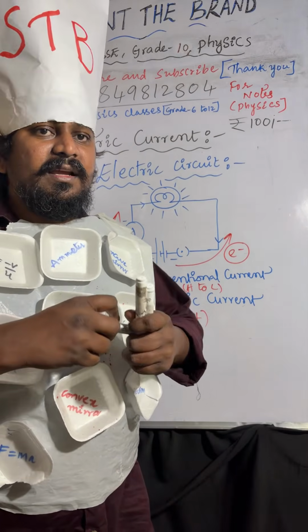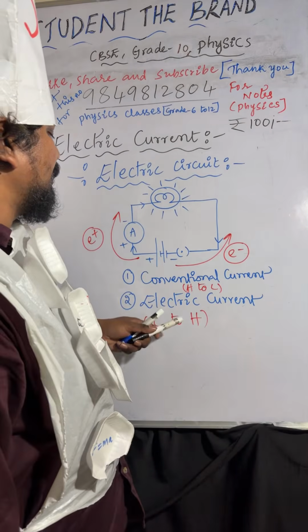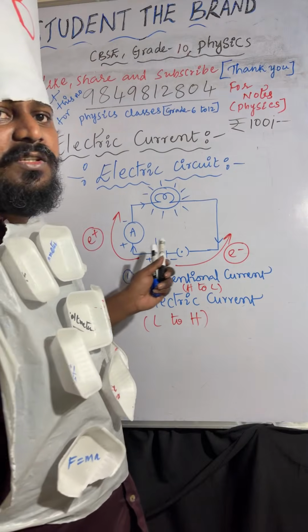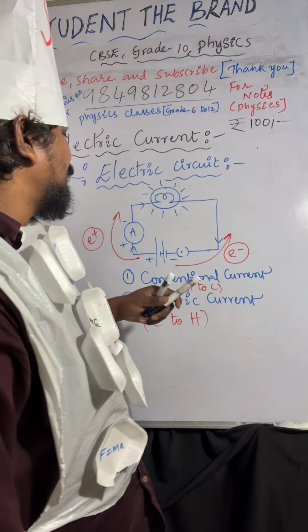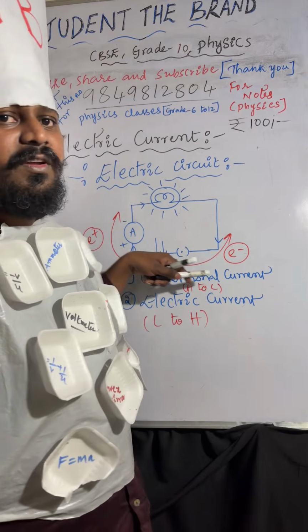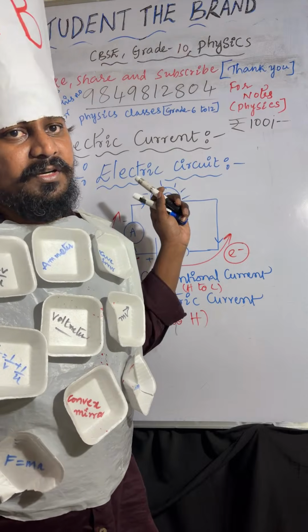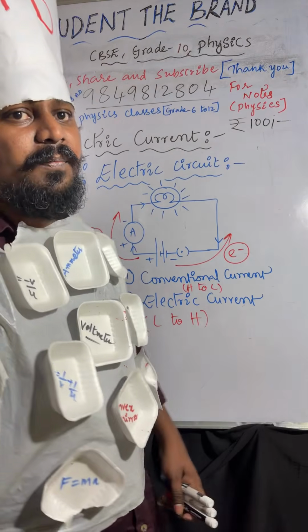I hope it is very clear. Positive charges move from high potential to low potential, whereas electrons move from low potential to high potential.